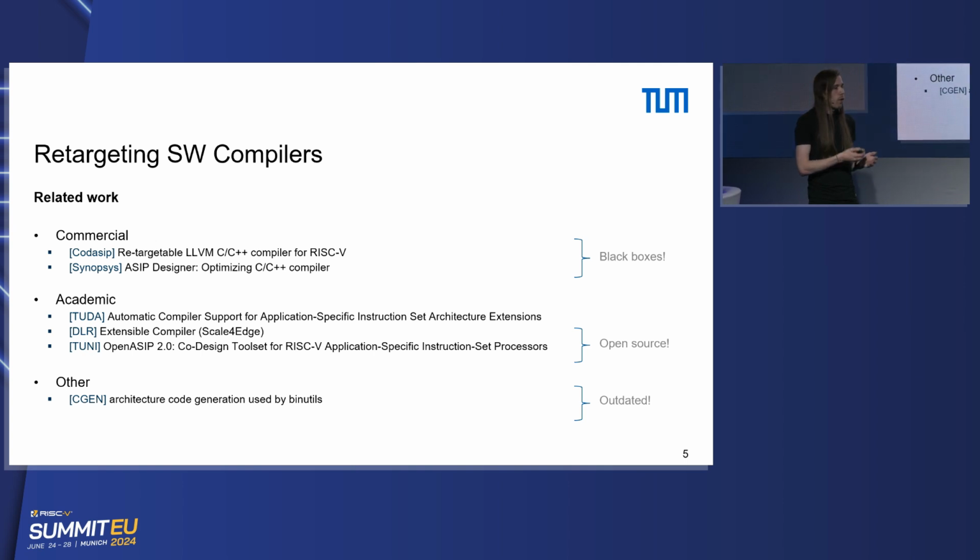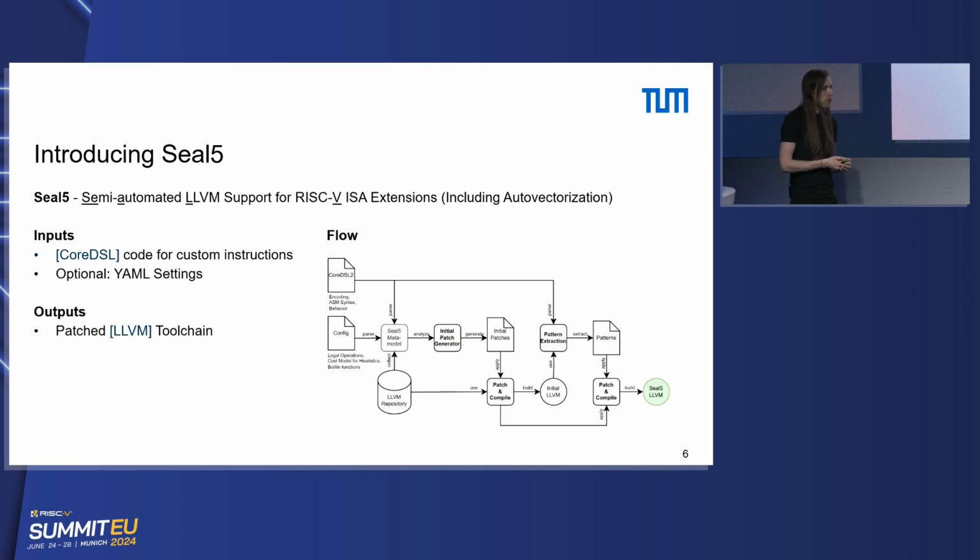There is also existing work in terms of retargetable software compilers, both from the commercial side, from CodaSip and Synopsys and a few others, but there are also academic works in this field, and some of them are even open source. We are introducing CL5, which is a tool for our semi-automated LLVM support for RISC-V ISA extensions, including support for autovectorization.